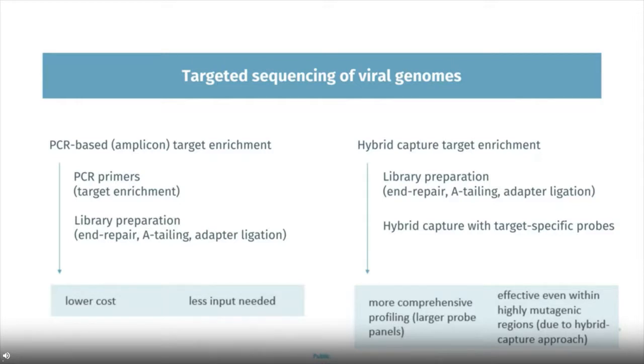The oligo probes used for hybrid capture-based target enrichment remain effective even within highly mutagenic regions, allowing targeting of rapidly evolving RNA viruses. Additionally, this method allows for near complete sequence data of targeted regions and enables applications such as variant analysis for viral evolution or viral surveillance.